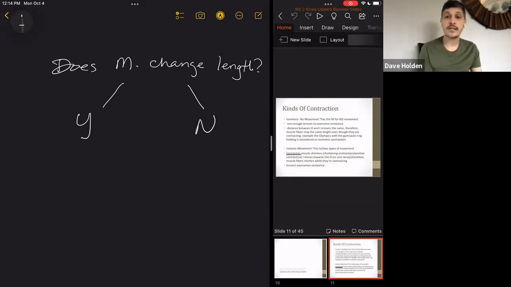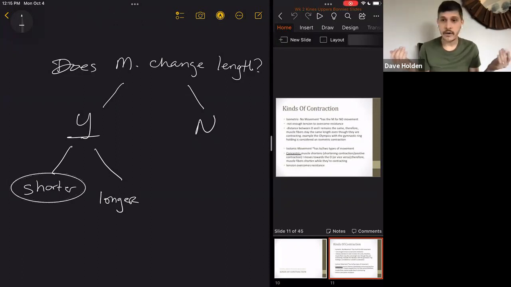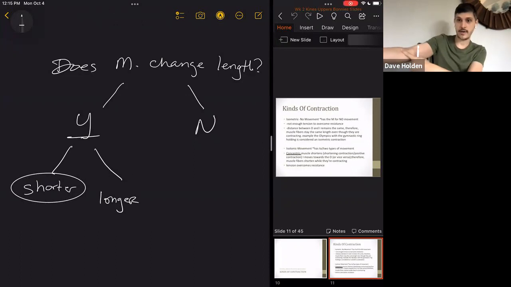So if the muscle did change its length, then the next question is, did the muscle get shorter or did the muscle get longer? Now, our common sense says, well, when the muscle contracts, it got shorter, right? This is generally what we are talking about when we say muscle contraction. The bicep crosses the elbow joint, the muscle contracts or gets shorter, and so the elbow bends.